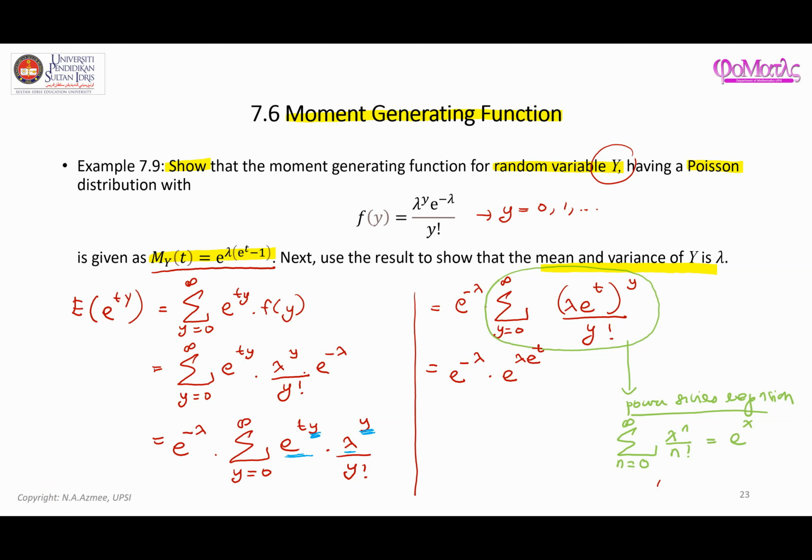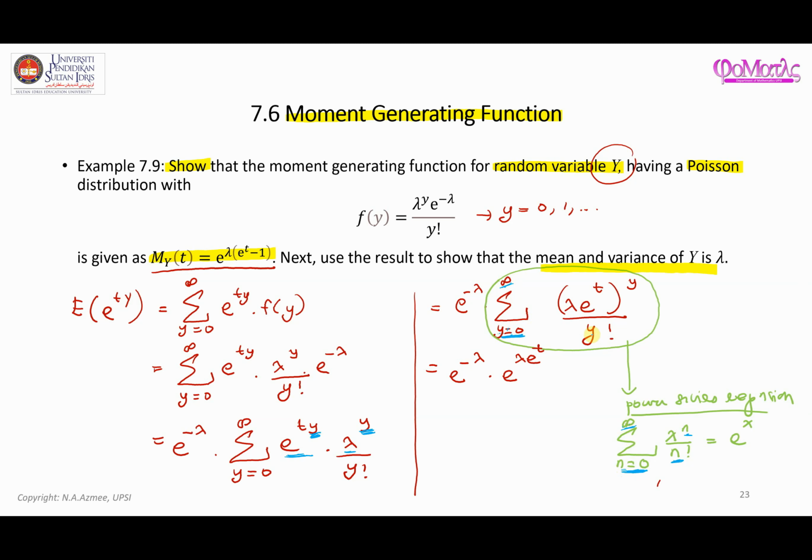Therefore, notice here we have n from 0 to infinity. Over here we have n and n. So notice the similarity between the result here and what we have over here. Over here we have y from 0 until infinity, which matches what we have here, from 0 to infinity.